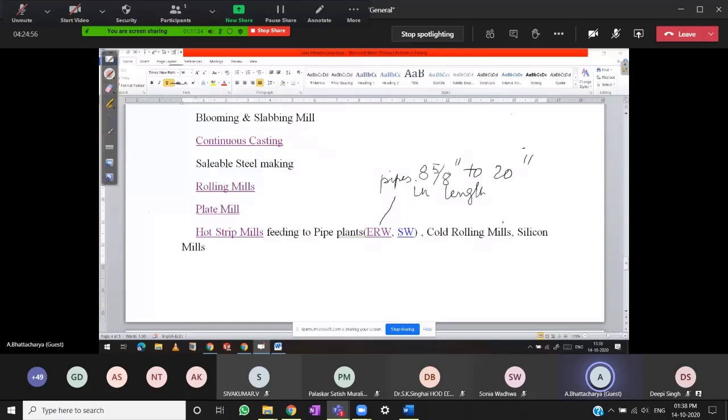This is the limit because any structural or pipe cannot be made more than 12 meters because it will bend. So they are made of this length only.